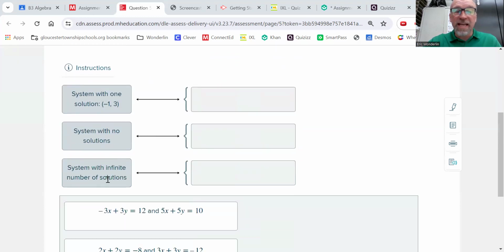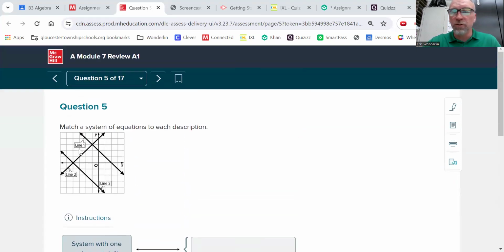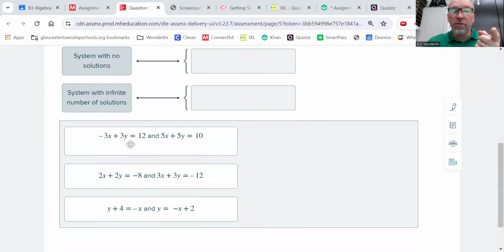And in a system with infinite solutions, that means I have the same line twice. That means I have line 1 twice, line 2 twice, or line 3 twice. They're going to have to be different forms, though, the equations. The issue is the forms of the equations. All these equations are not in good forms. They're in standard form. They're in no name form here. Y plus 4 equals negative x. That's not even a form. At least one of these here is in slope-intercept form.